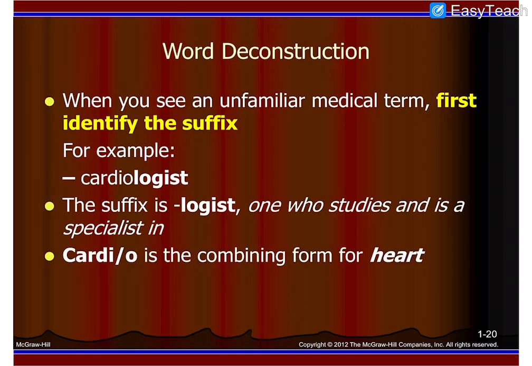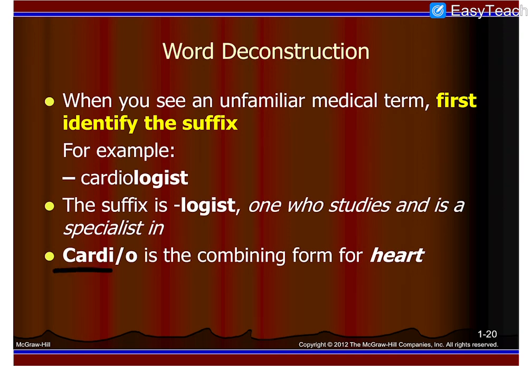When you see an unfamiliar medical term, you should first identify the suffix. For example, with cardiologist, the suffix is logist, which means the one who studies, or a specialist.